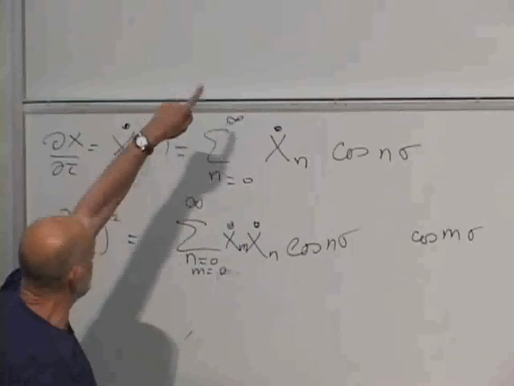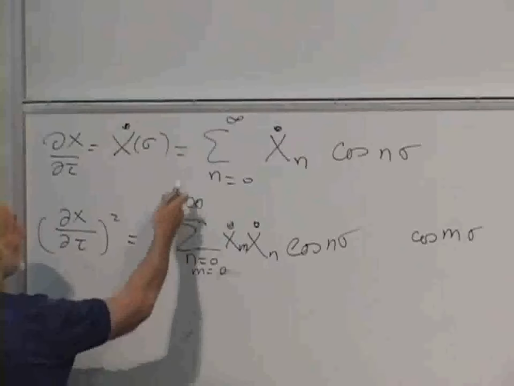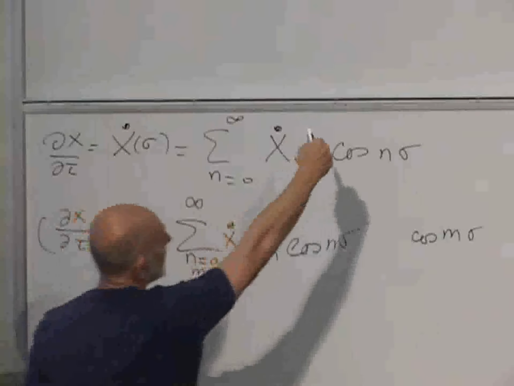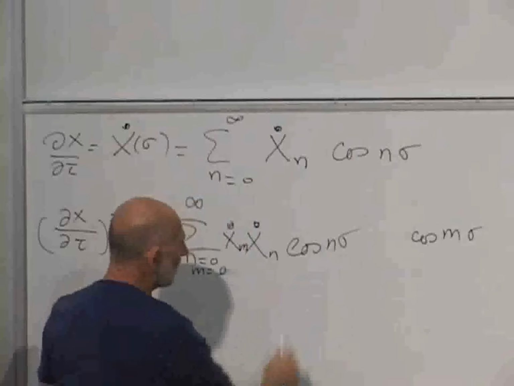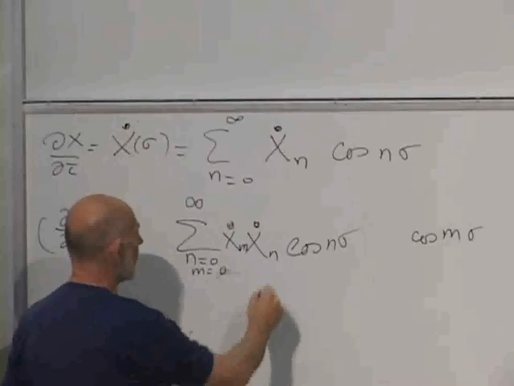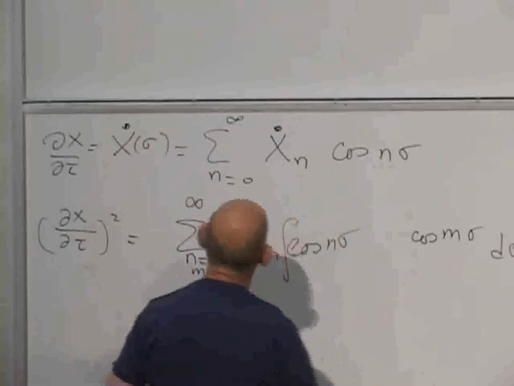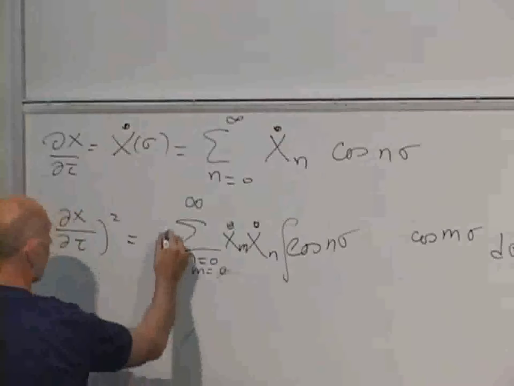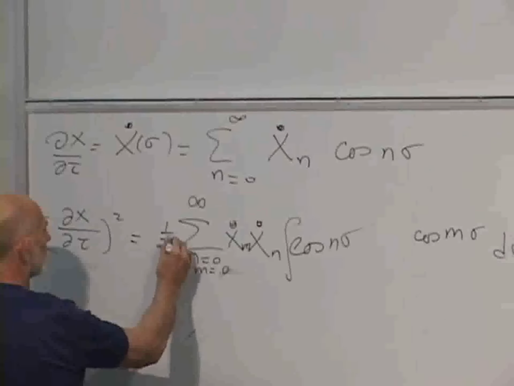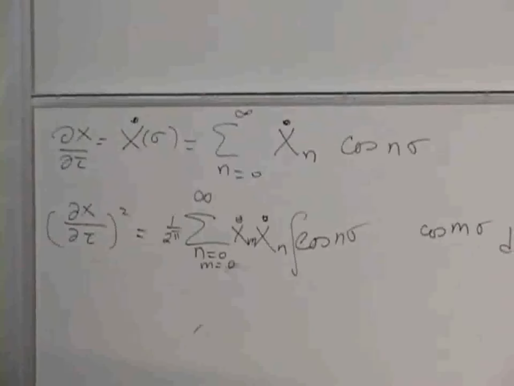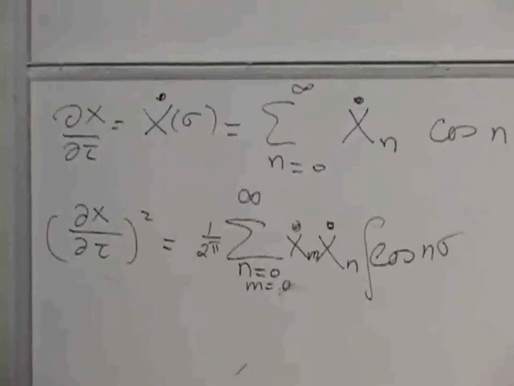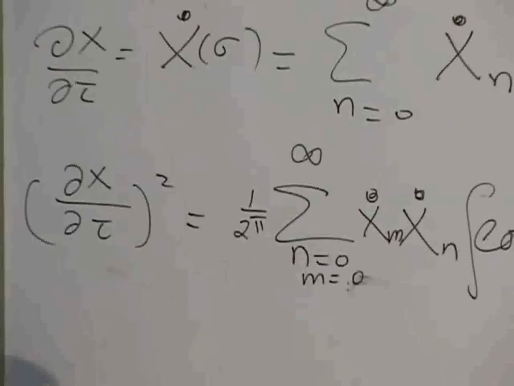But now we're also instructed to integrate it over sigma, integral d sigma. The only sigma dependence is in these cosines, so we can bring the integral over to here, d sigma, and the last step is to divide by 2 pi. The 1 over 2 pi is a convenient convention.